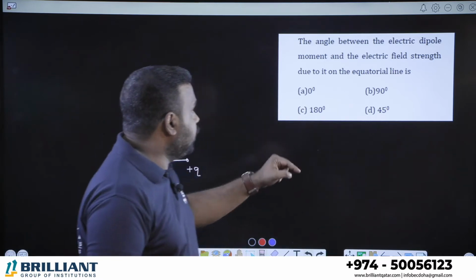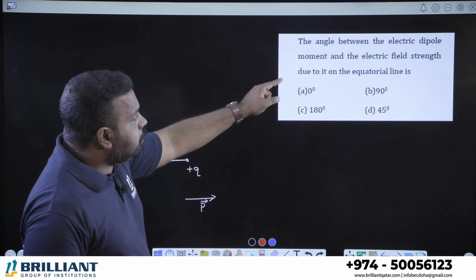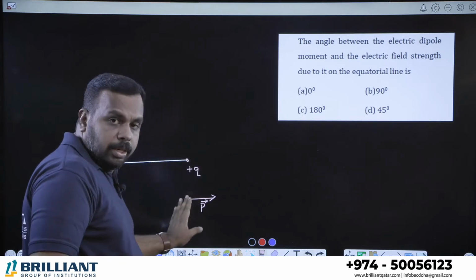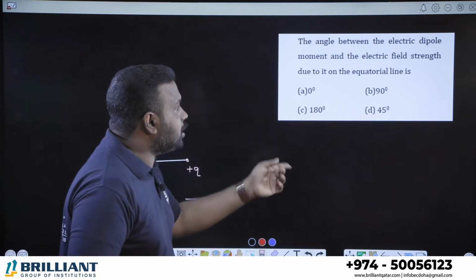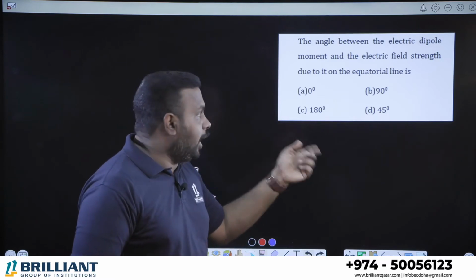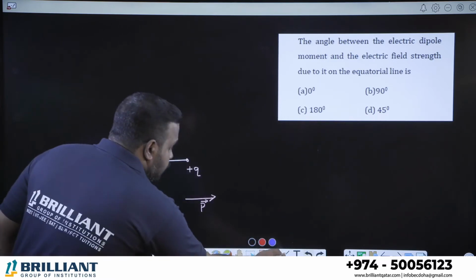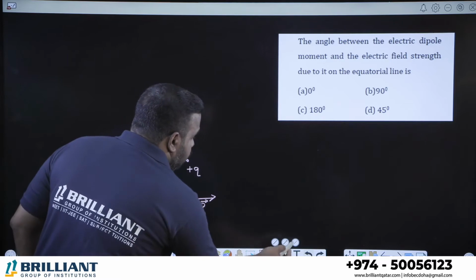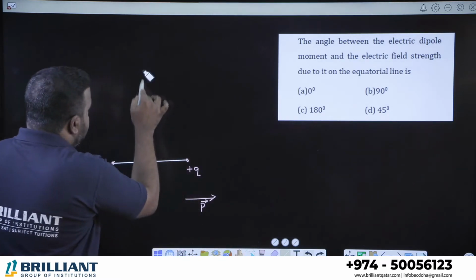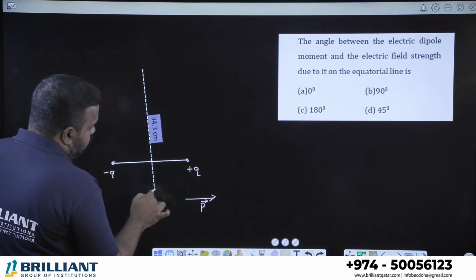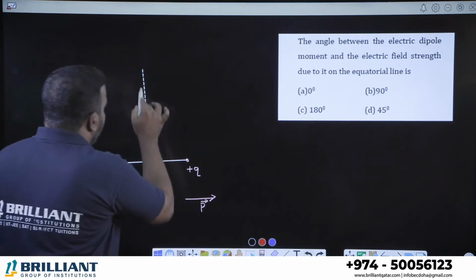Now, what they are asking is the angle between the electric dipole moment, which is directed towards right, and the electric field strength due to it at a point on the equatorial line. Where is the equatorial line? Equatorial line is a perpendicular bisector, right? So let it be the equatorial line, the perpendicular bisector. I'm just taking a point on the equatorial line.